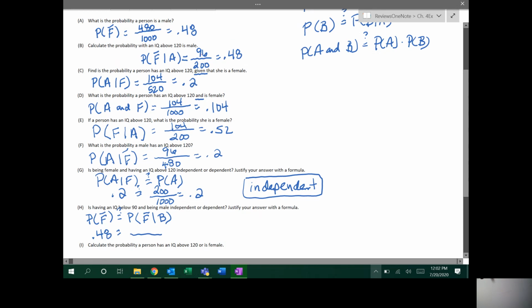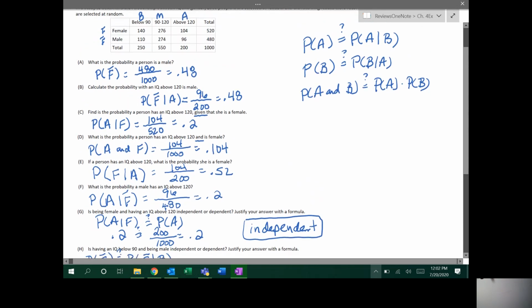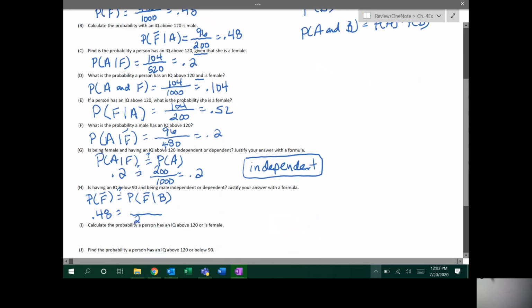Now the probability of F complement given B, so we're only using the B column, so there's 250 total, and 110 are male. 0.48 does not equal 0.44, so these are in fact dependent. So while it turned out one pair were independent, another pair were dependent. Again, your common sense could have gotten you in trouble that way.